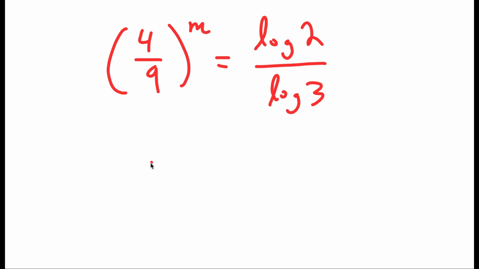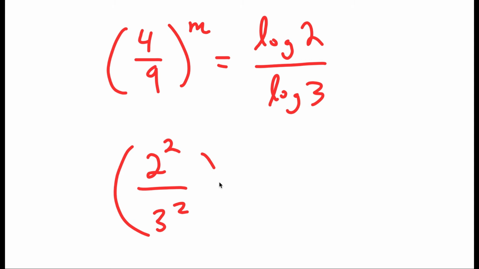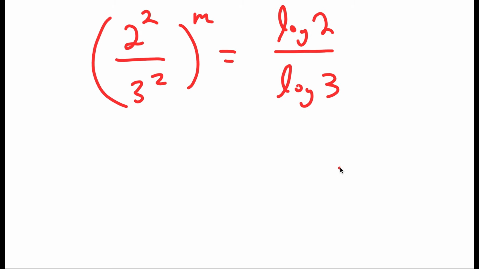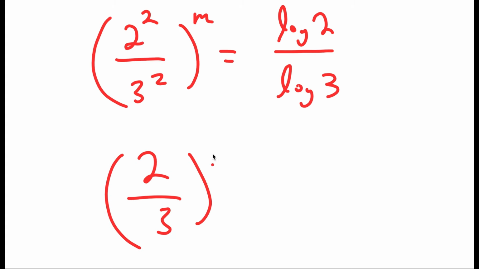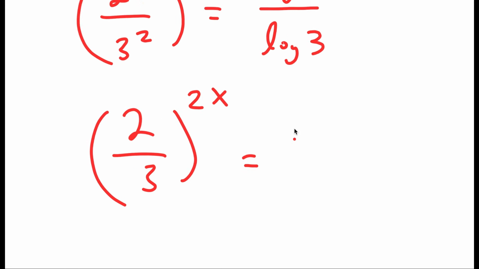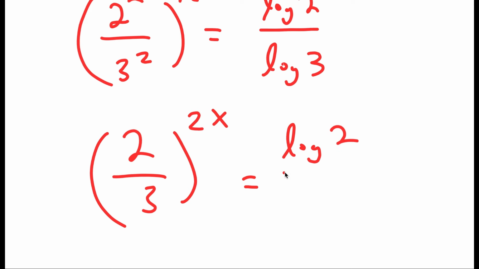And now I'm going to write 4 as 2 squared and 9 as 3 squared. So I can rewrite this as 2 over 3 to the power of 2x is equal to log 2 over log 3.